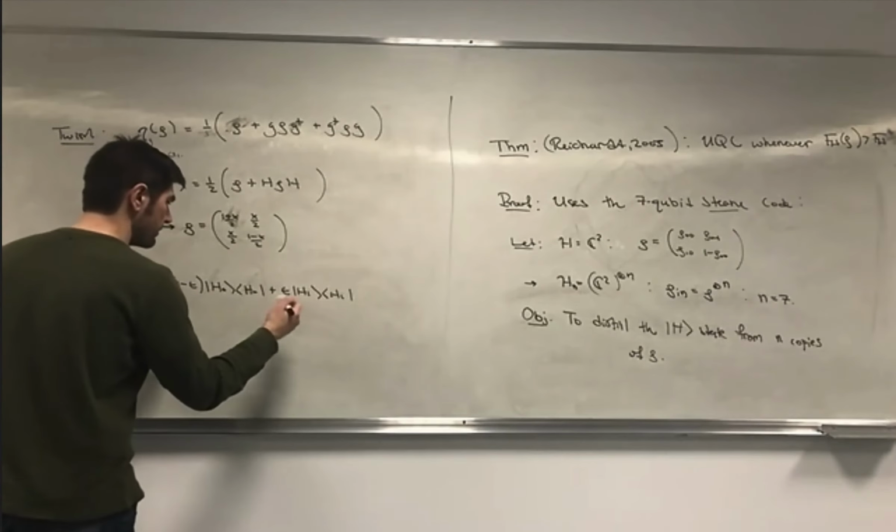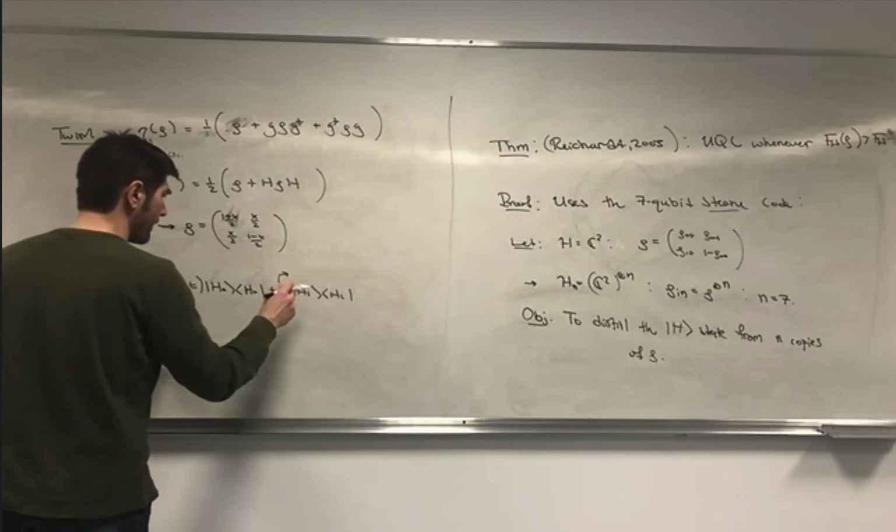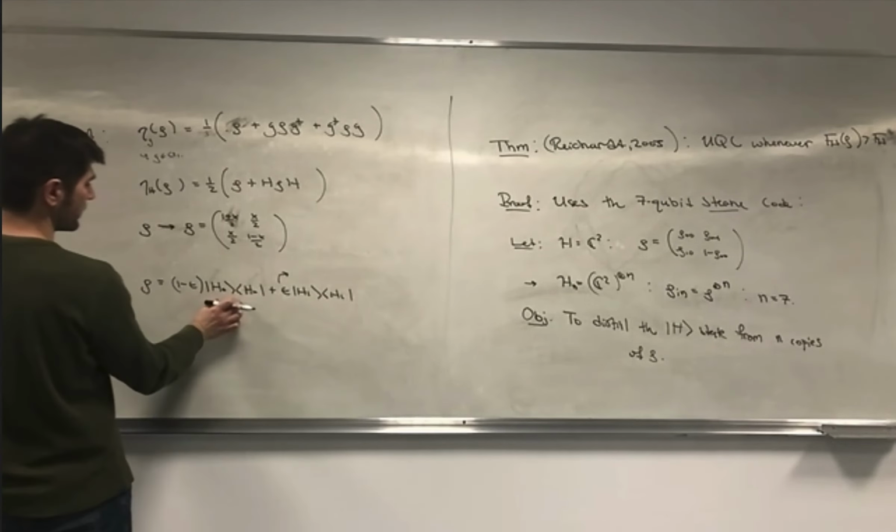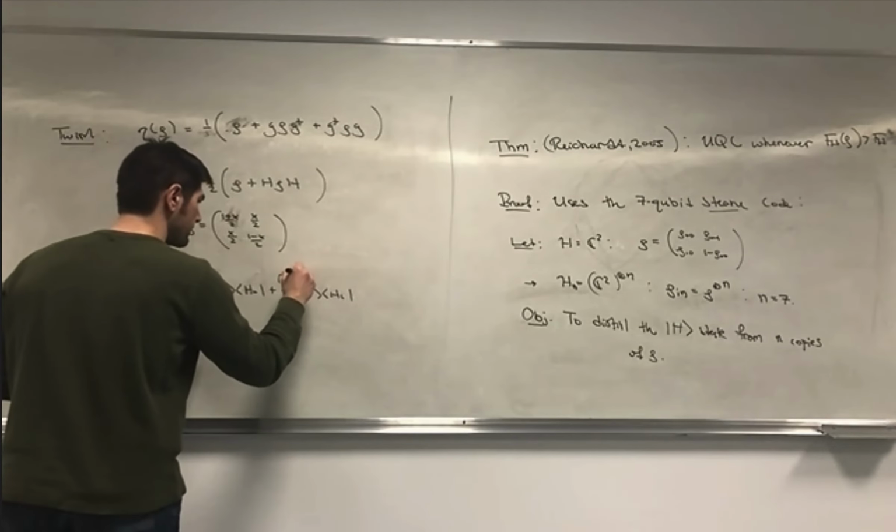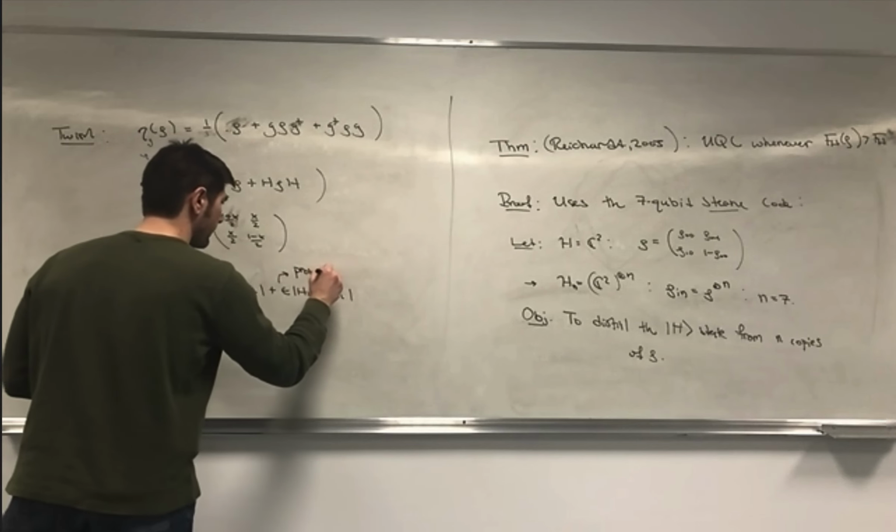This here is the probability of an error because we don't want h1, we want h0. So this is some initial probability of error.